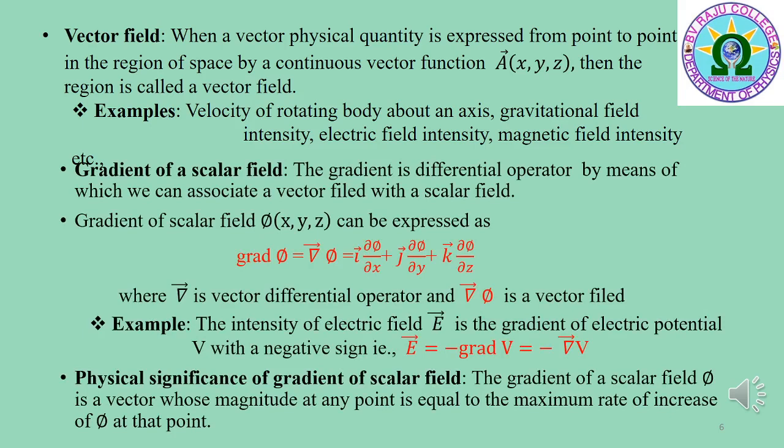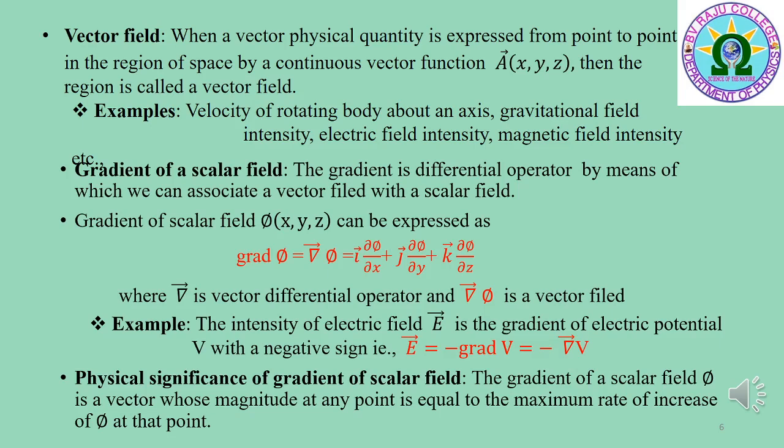Now, the second type of field is vector field. When a vector physical quantity is expressed from point to point in the region of space by a continuous vector function a bar of xyz, then the region is called a vector field. That means in a vector field, at every point, the vector point function changes in both direction and magnitude.